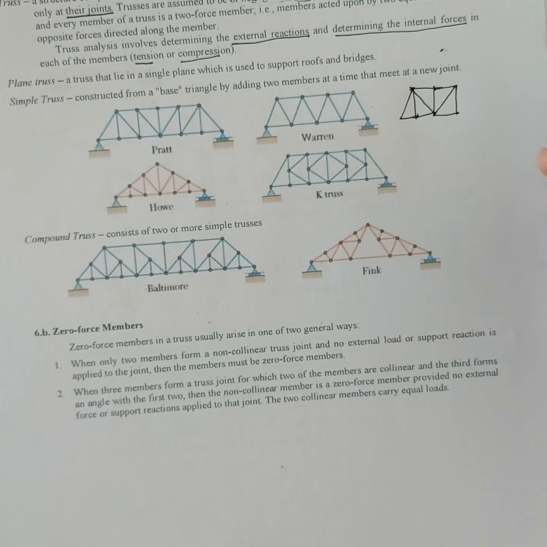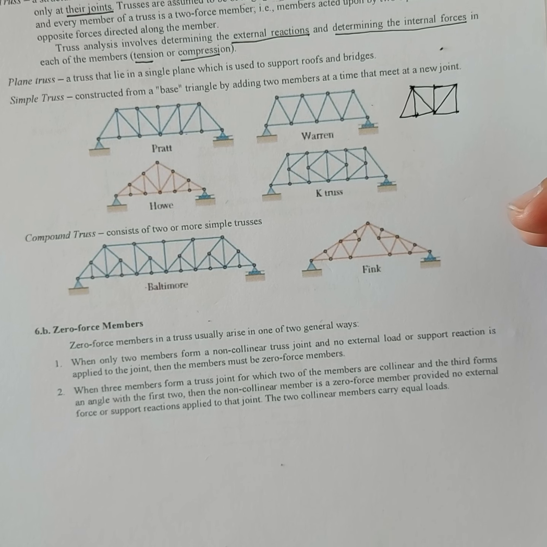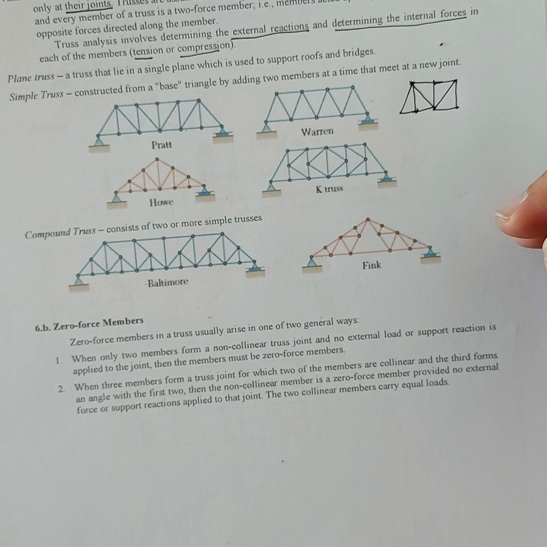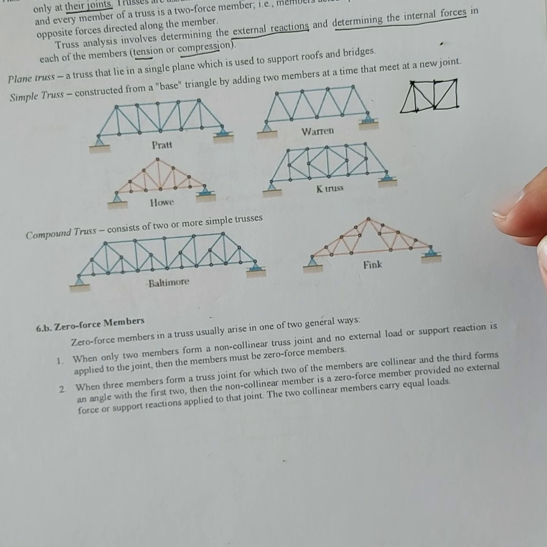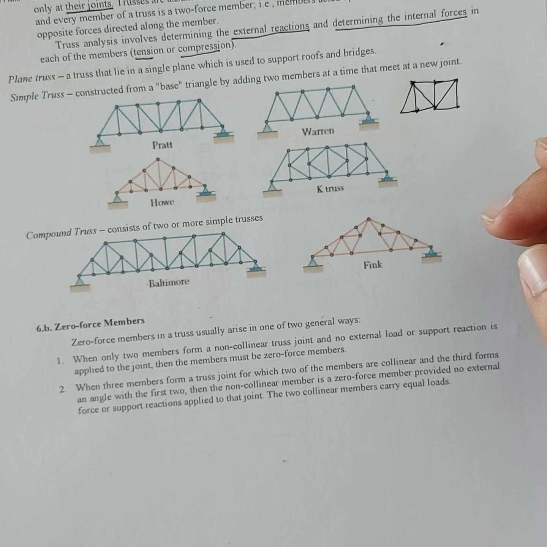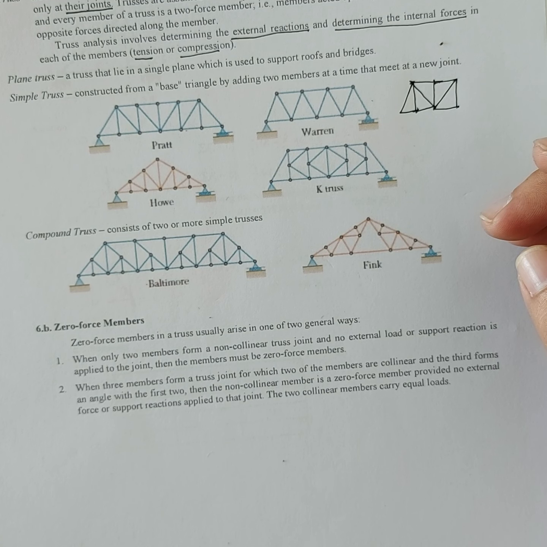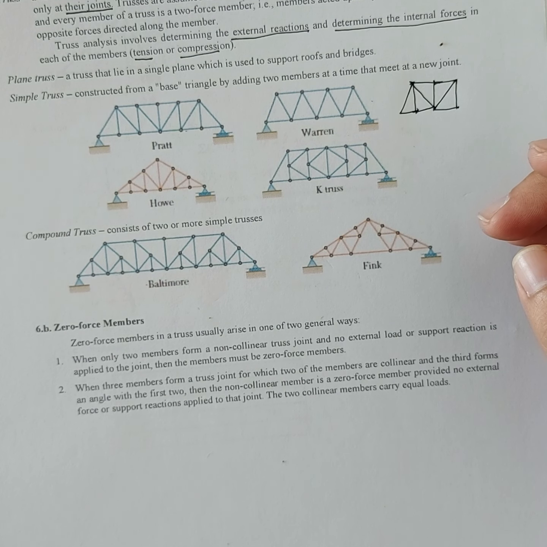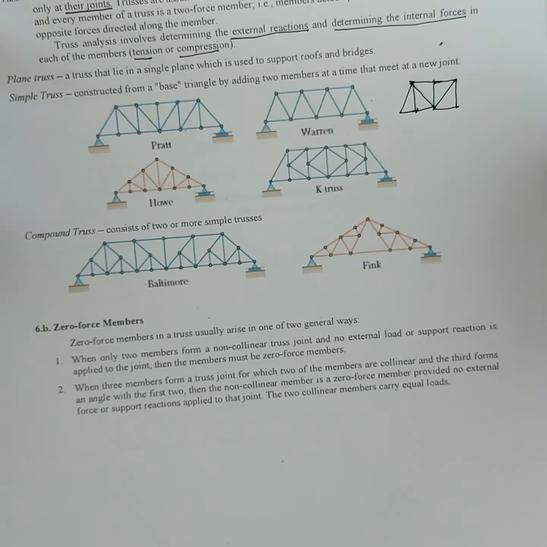How many methods do we have in analyzing a truss? We have the method of joints, the method of sections, and the graphical method, which is no longer commonly used. You will notice in our textbooks on statics of rigid bodies, and even structural analysis, the graphical method is no longer included.